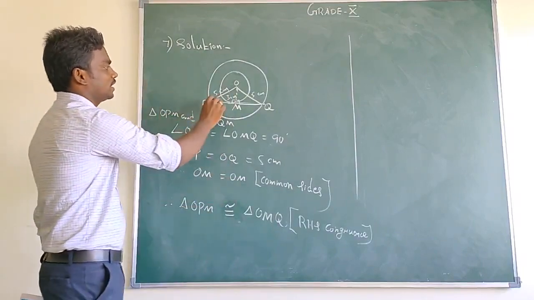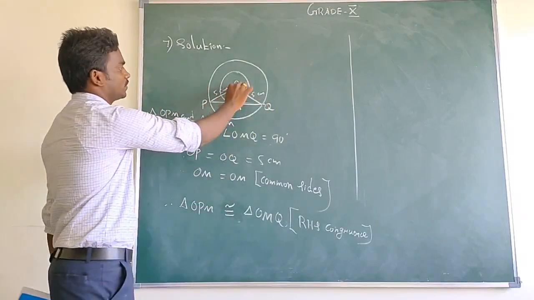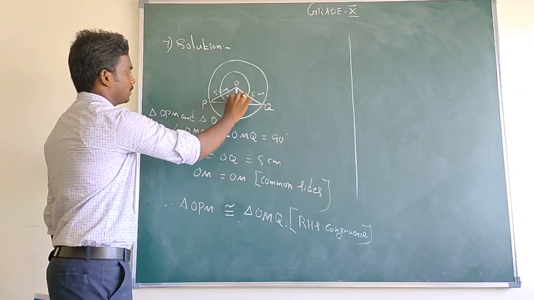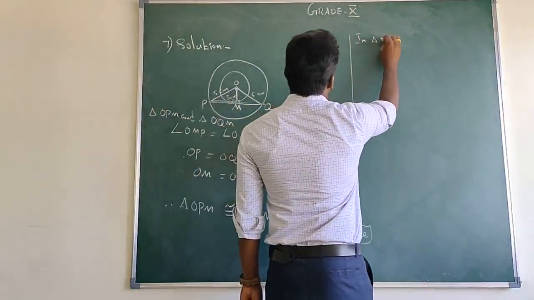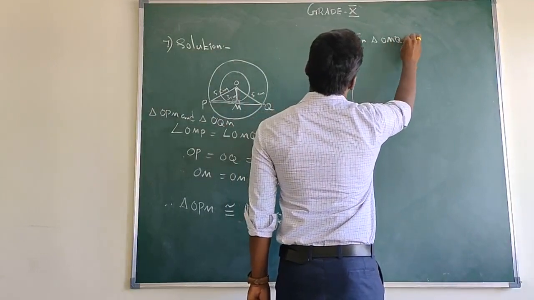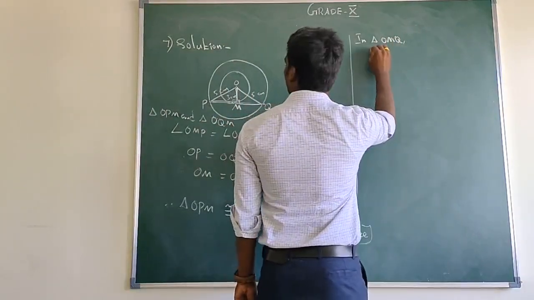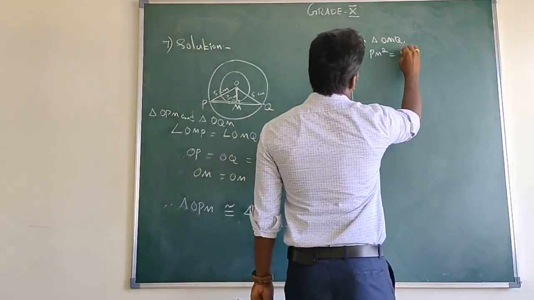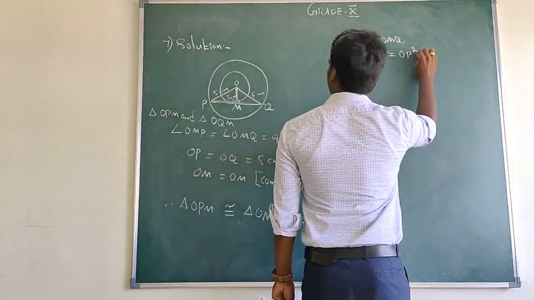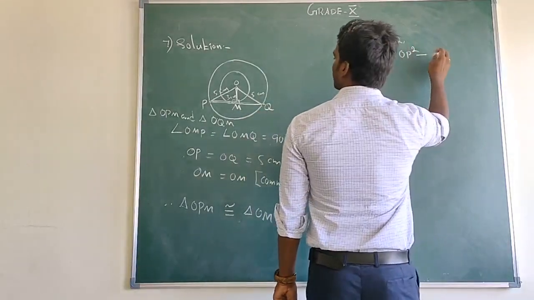Now we need to find the length of PQ. First we take triangle OMQ. In triangle OMQ, by using the Pythagoras property, PM square is equal to OP square minus OM square.